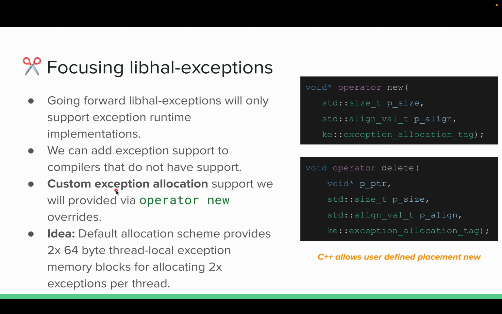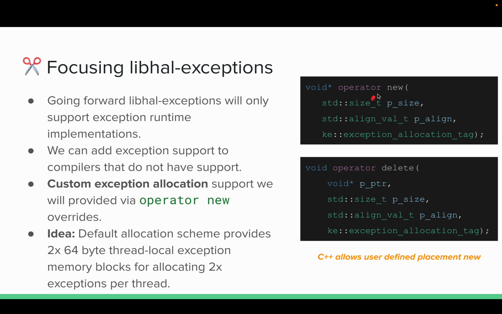Custom exception allocation support. This is something that I went to that individual and asked them, hey, does this fit your needs? And he's like, perfect, this would do it. In C++, you are allowed to override the operator new keyword. You're able to control what it does. If you don't want it to call malloc, you can have it call your own API. You need to specify just one of those in your binary and it gets linked in. I'm planning on doing the same thing, but for our own allocator object.